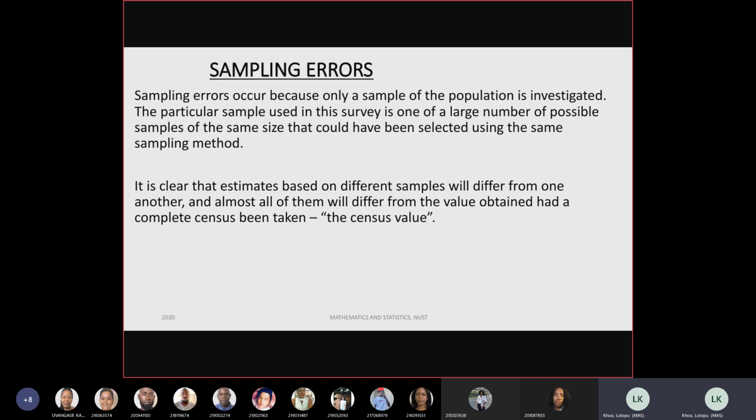So it is clear that estimates based on different samples will differ from one another. If I worked out the average age of students in another class that I have, I might get another value for the average age, which is different from what I calculate using your ages. And that again is just because it's a different sample. Even though you all come from the same population, because it's a different sample, it contains different elements, and it will also come with its own errors.